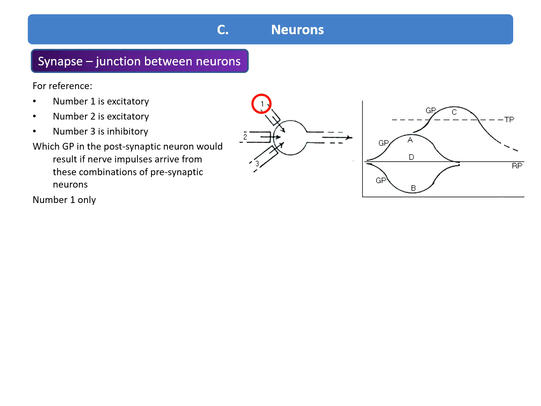Number 1 only. The graded potential would be illustrated by A. Number 2 only. Again, A. How about number 3? This would result in the hyperpolarizing graded potential, B.